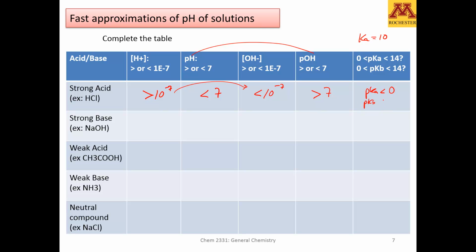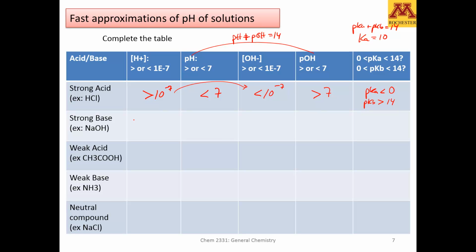The pKb will be higher than 14. Hopefully that makes some sense. Notice that these two are related through pH plus pOH is 14, and that pKa plus pKb is 14, etc.